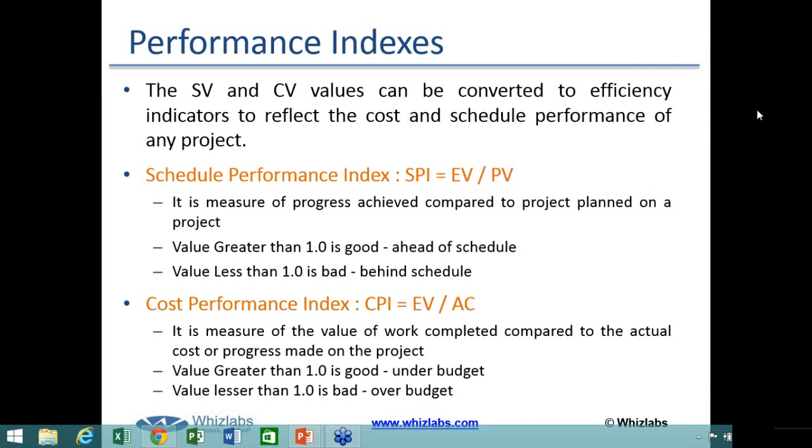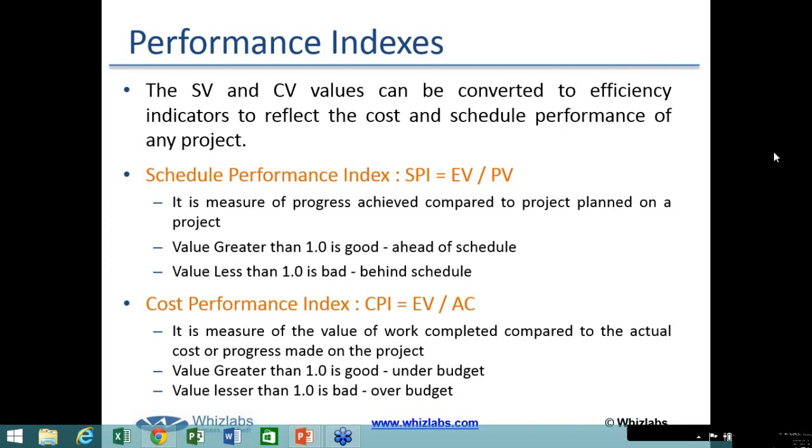Okay. So both these indicators, key performance indicators, are very, very important while you are evaluating the performance of your project. Now there are two more indicators which are called efficiency indicators. The first one is called schedule performance index, and the second one is called cost performance index.